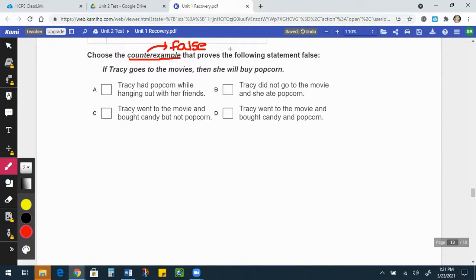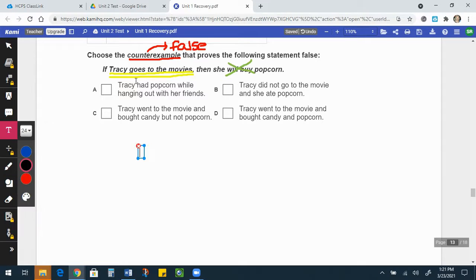So here's what has to happen. Tracy has to go to the movies. That has to happen. When she's at the movies, she is not allowed to buy popcorn. To be a good counterexample, the hypothesis, the first part, has to be true.